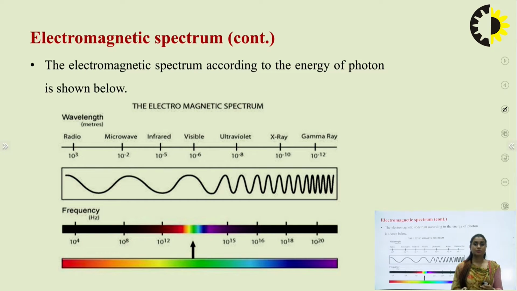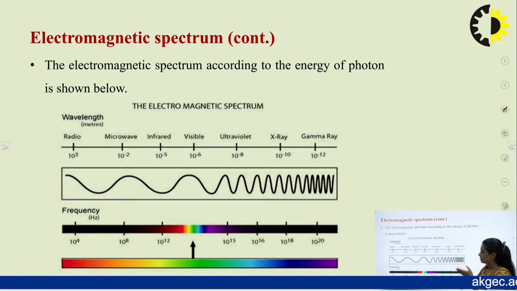If we see the electromagnetic spectrum and we want to see what are the various waves included in this, how their wavelength and frequency vary, this picture depicts that. So this is the electromagnetic spectrum according to the energy of photon, right? So here we can see it varies from radio waves to gamma rays, where we can see that wavelength is decreasing, whereas in this direction frequency is increasing, right?